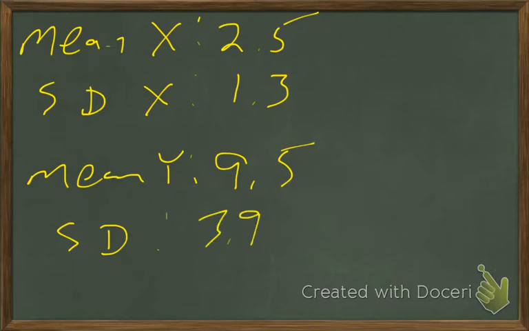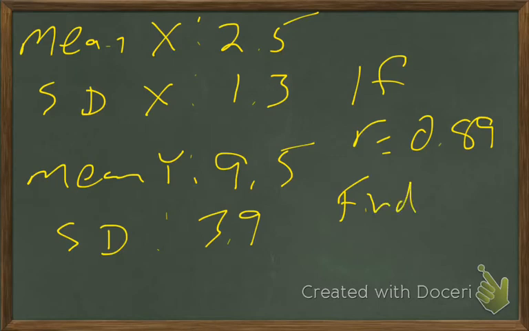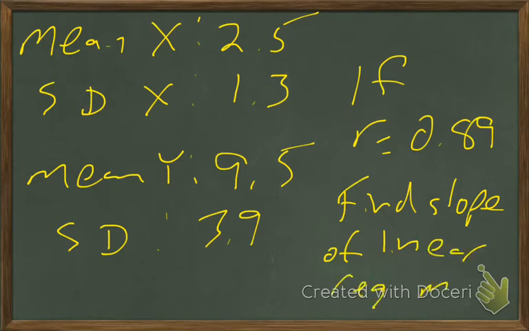And then we want to say if r equals 0.89, then what is the slope of the linear regression model? So we want to find the slope of the linear regression model.